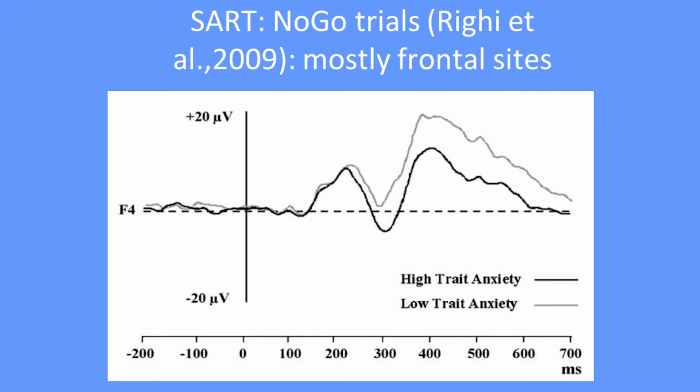Again, fitting in with the theory, at the point in time where inhibitory processes are required, the high anxious are producing a greater effect. But interestingly, before the time at which inhibitory processes are used, there's no effect of anxiety at all.